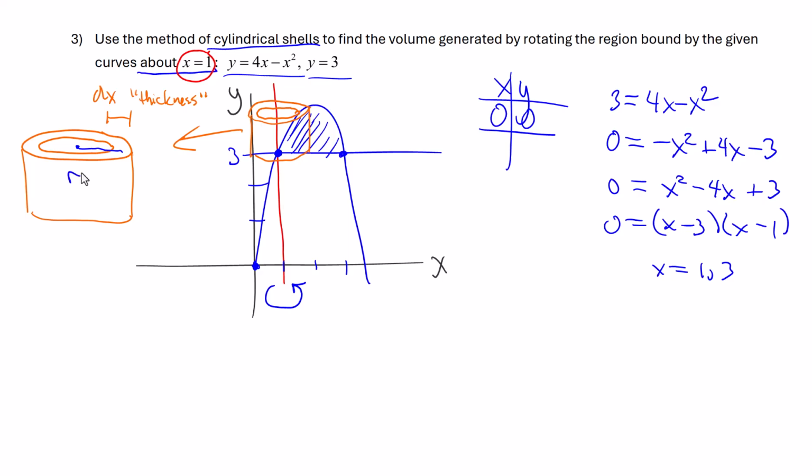So our radius is not going to be just x, because if it were just x, that'd be like it extending from the y-axis. But this is extending from the line x equals 1. So we're going to have to make that x minus 1.